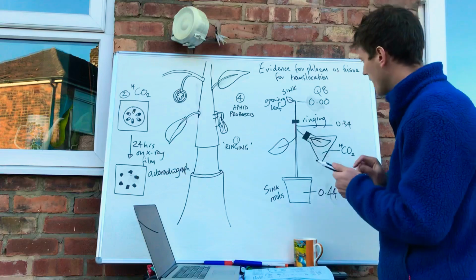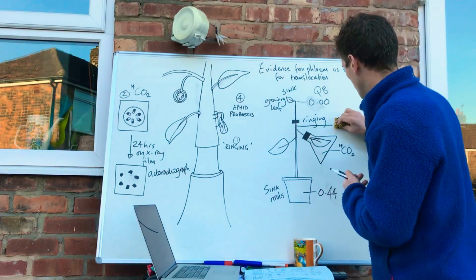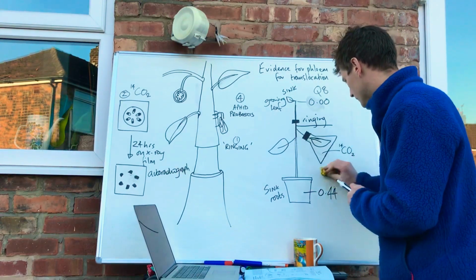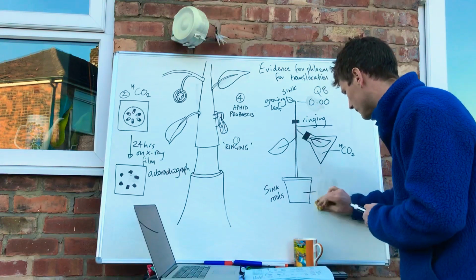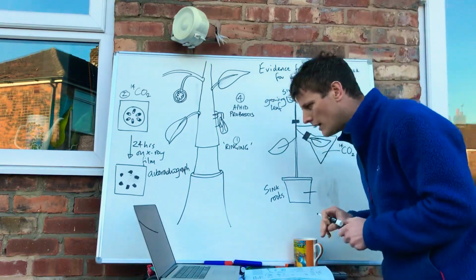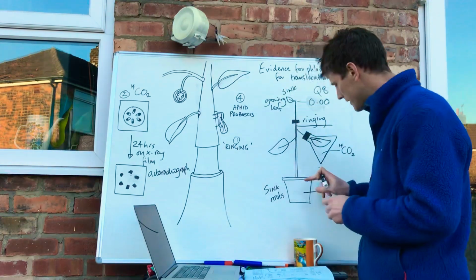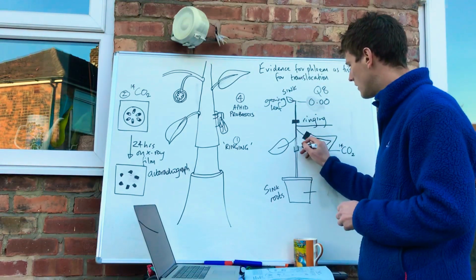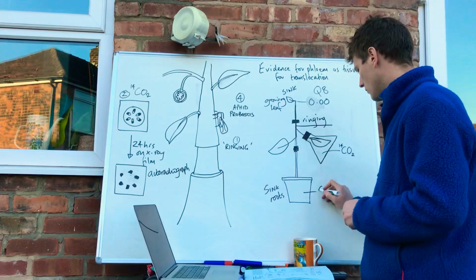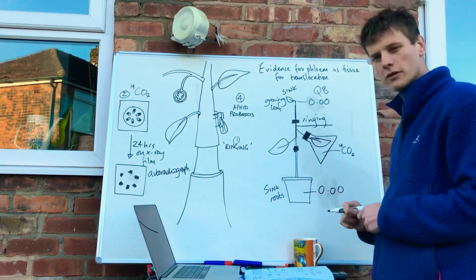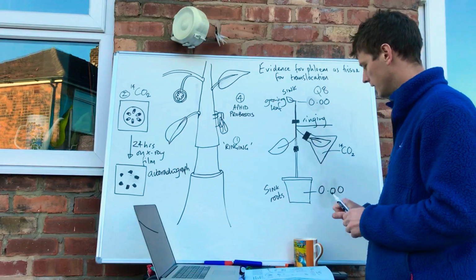Okay. Next, in the next diagram, it shows ringing below. This time, when there's ringing below, we end up with no products moving down to the sink in the roots.